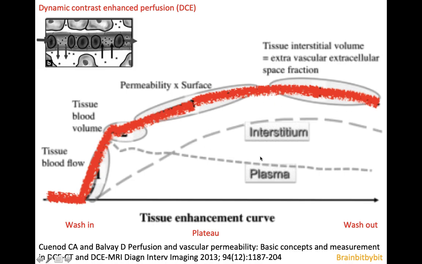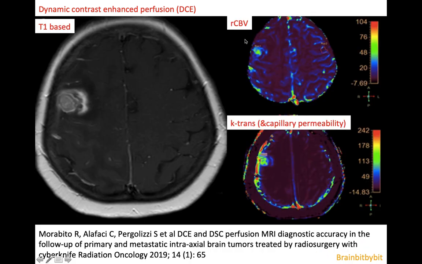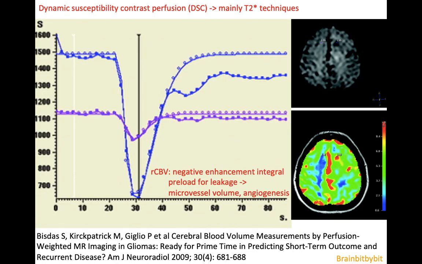And from this curve you can calculate cerebral blood volume and the capillary permeability and make color maps of that as well.